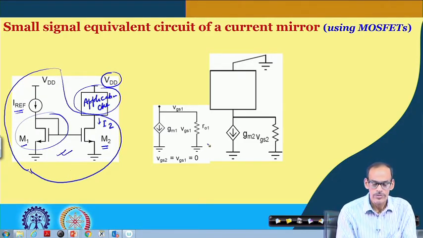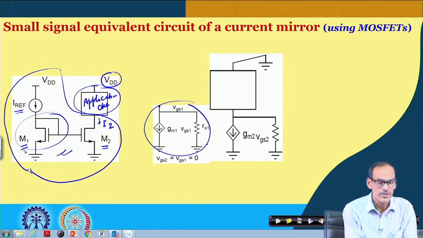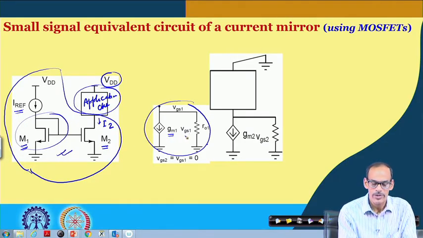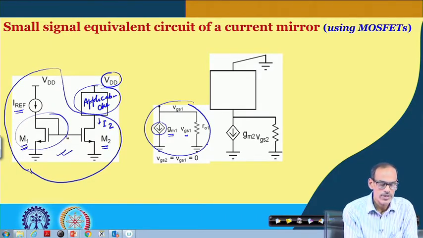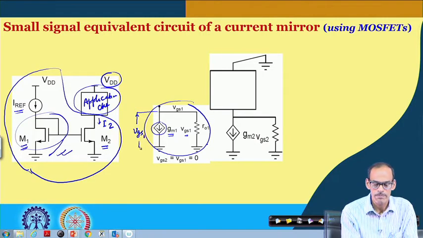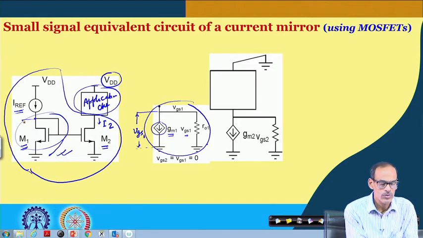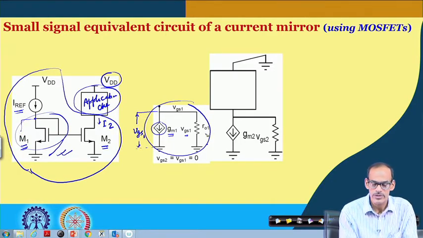Here we do have the small signal model for transistor 1. It has gm1 multiplied by VGS1, that is the voltage dependent current source, and whatever voltage we do have here is VGS1. Then from drain to ground, we do have the resistance.